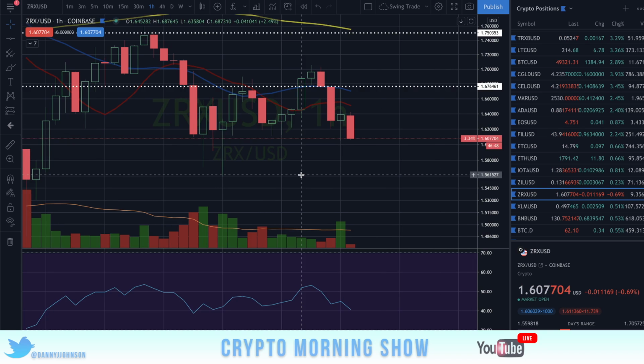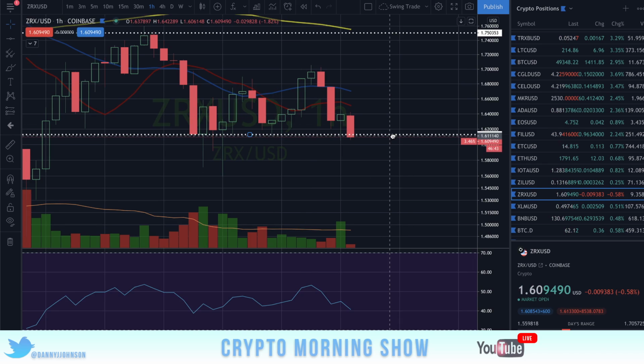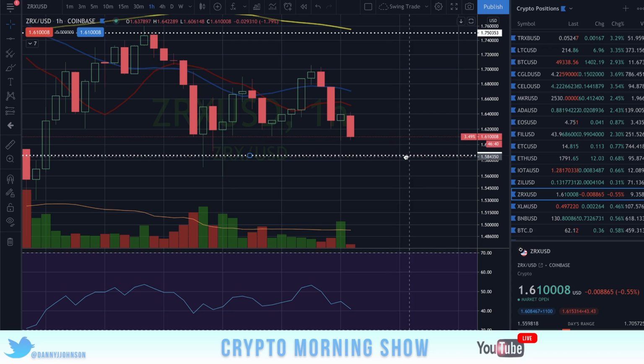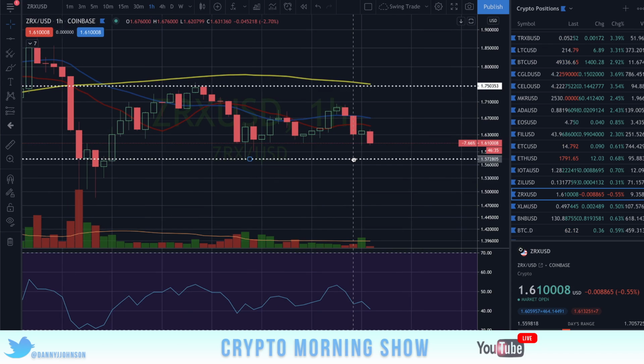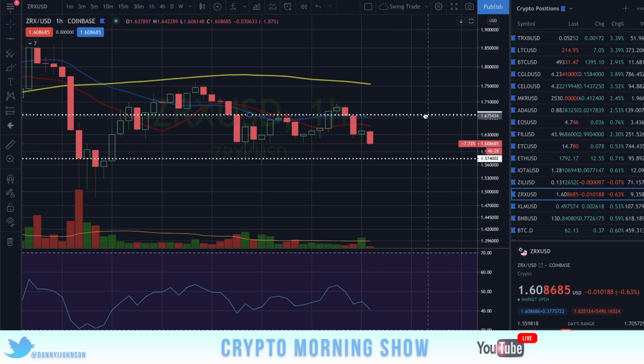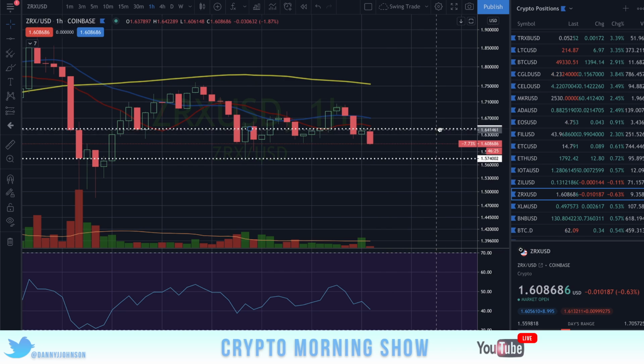Verge USD. We fell through support that I had marked last night, overnight, and we may need to, there we go, zoom out a little bit. Next level of support would be $1.57 USD, and resistance coming back on the climb up is going to be, roughly that one, yeah, $1.64.